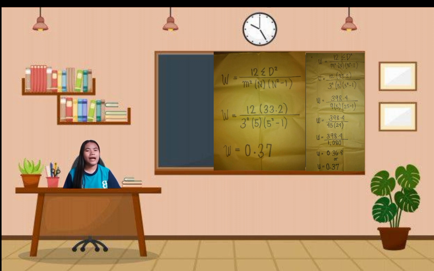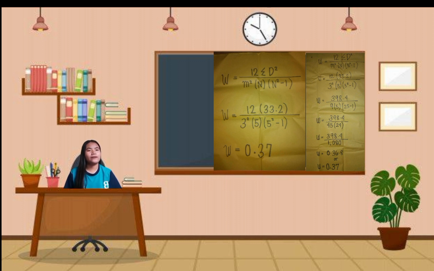3 times 3 is equals to 9. Then, ilalagay natin yung 5. Tapos, 5 squared. 5 times 5 is equals to 25 minus 1. So, again, 9 times 5 is equals to 45.